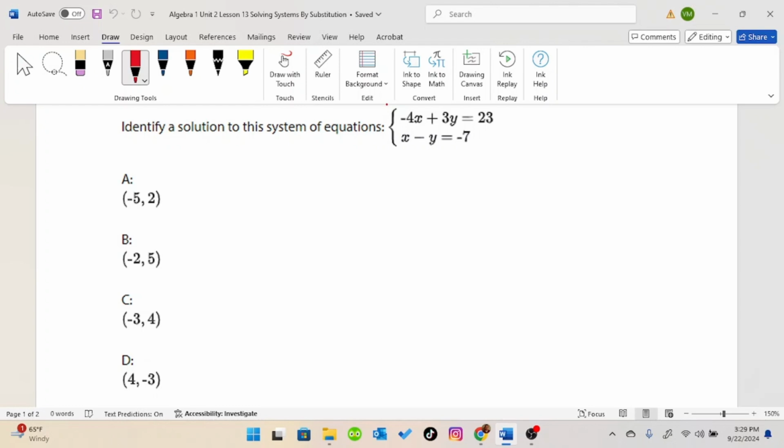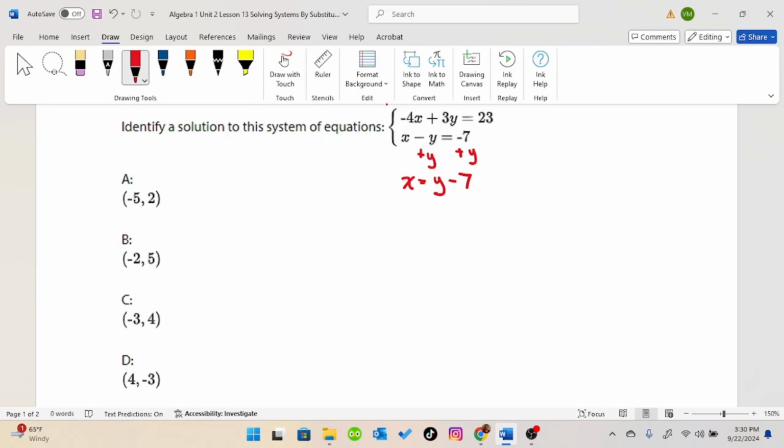The second equation in this system is x minus y equals -7. We're going to add y to both sides. This creates x equals y minus 7.